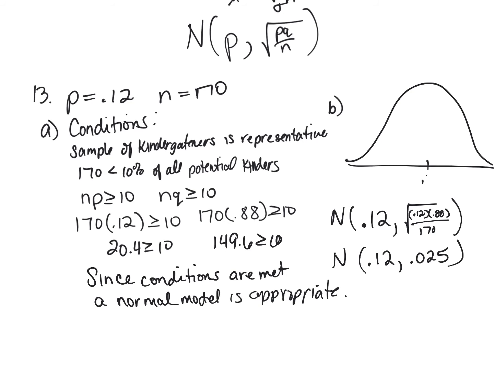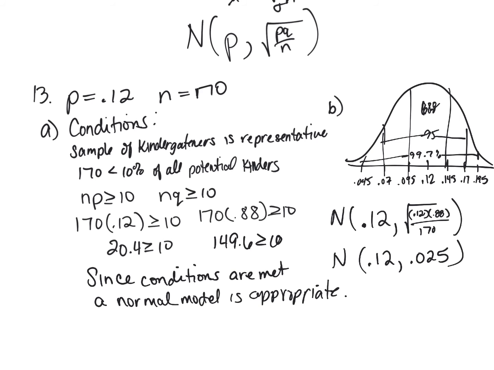So my normal model starts at 0.12, 0.145, 0.17, 0.195, and going down, 0.095, 0.07, 0.045, yeah? That's 99.7. Here's your 95. And here's your 68. Okay.